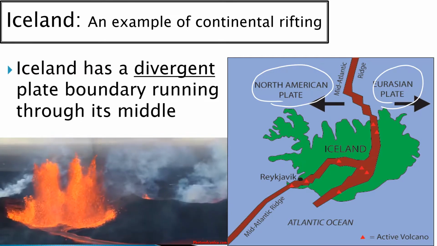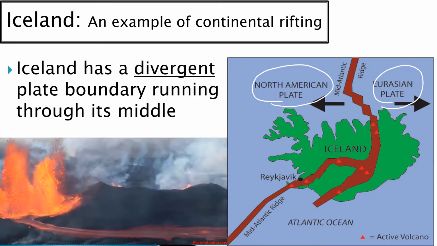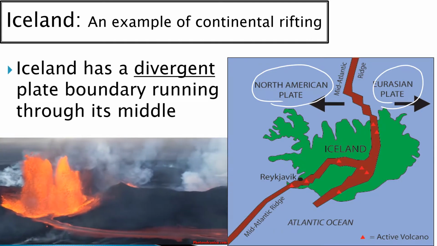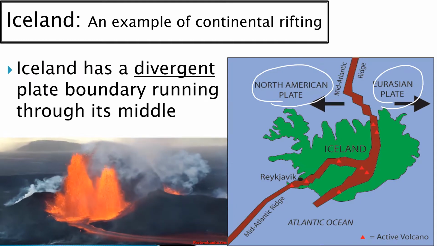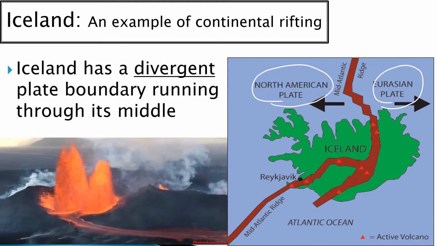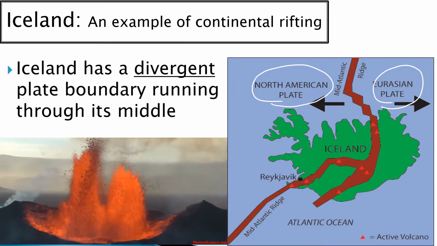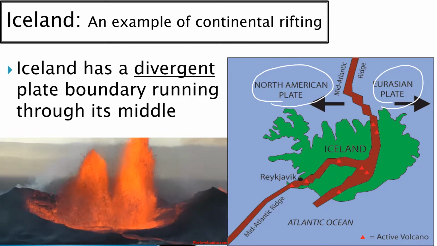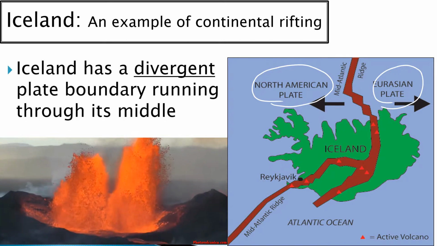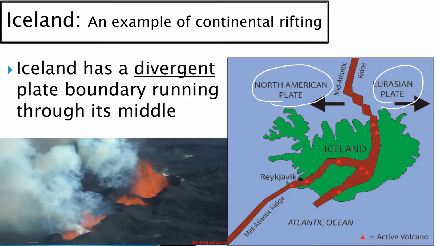This would mean that more material would be erupted in the Iceland area compared with if there was just a divergent boundary without the plume underneath it. And so Iceland has a little extra amount of molten material that allows it to have these very specific features and more molten material rising throughout its formation.